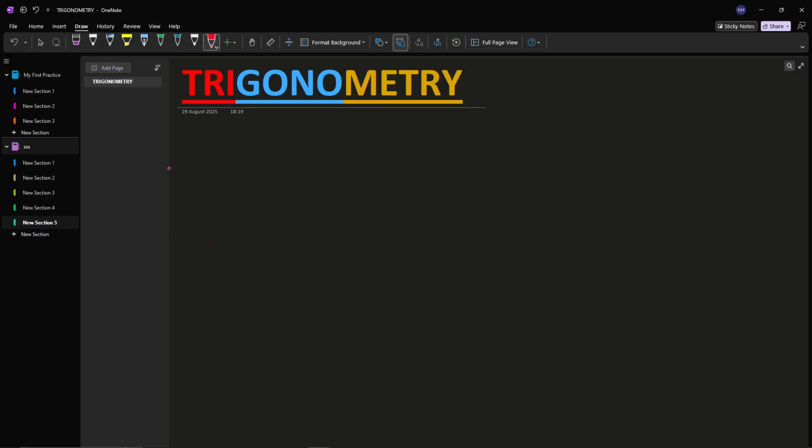If cos theta equals, or cos A will make it as, for reference, cos A equals 4 by 5, then evaluate 1 plus tan square theta divided by 1 plus cot square theta.